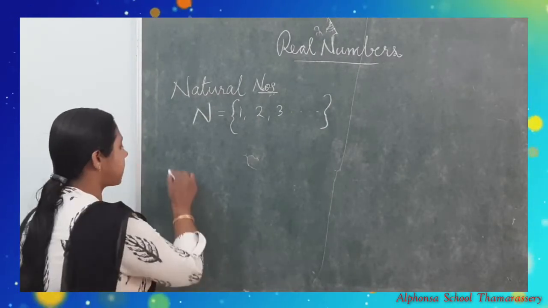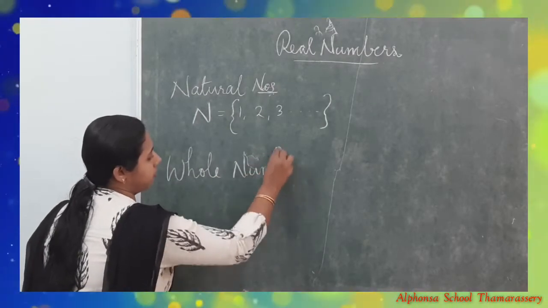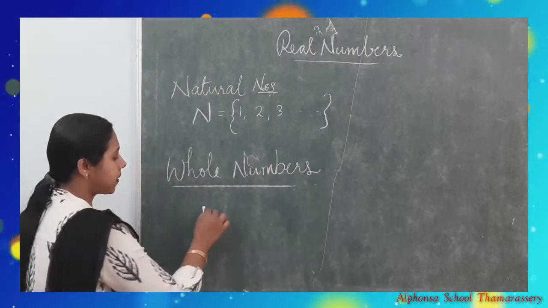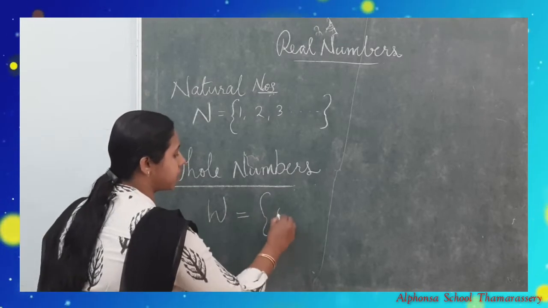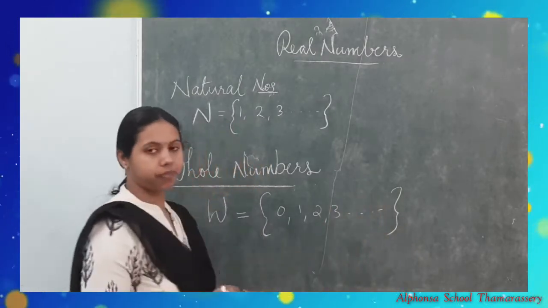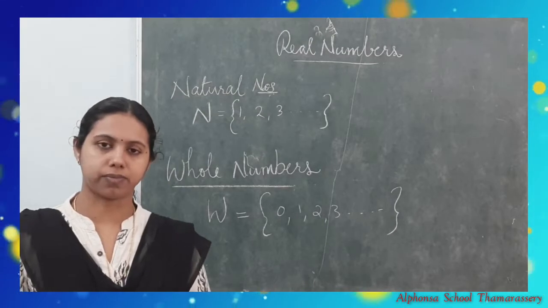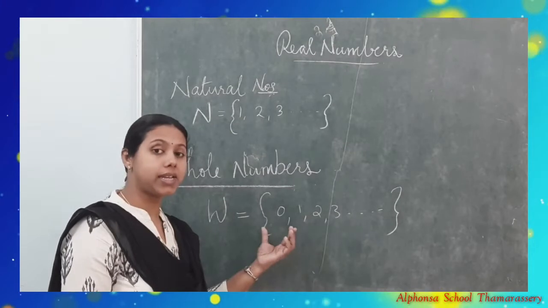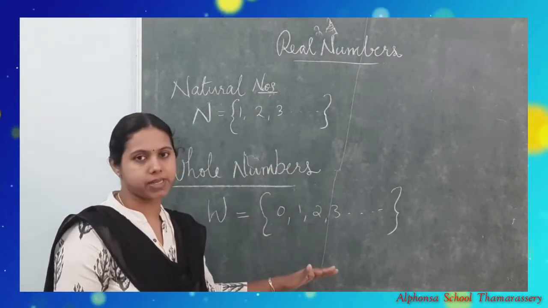Whole numbers are represented by the letter W. It is written as 0, 1, 2, 3, etc. So the smallest whole number is 0. We see that the collection of natural numbers and 0 is known as whole numbers, so all natural numbers are whole numbers.